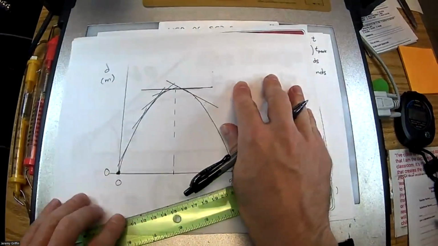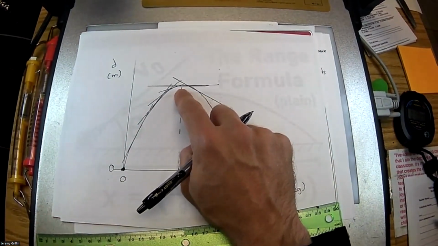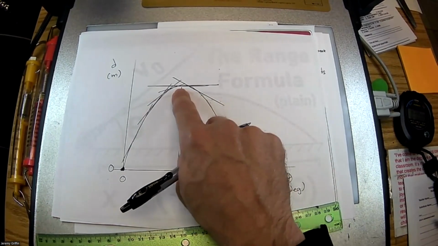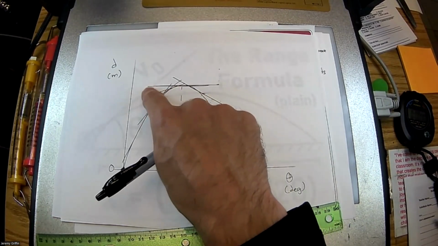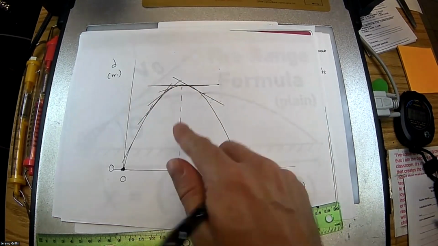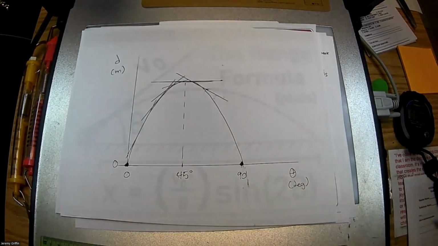So when you guys are in calculus solving optimization problems, because this is an optimization question, like what's the optimal angle for the furthest distance, that's how you solve it: you take the rate of change and set it equal to 0, or set the slope equal to 0, and then you can prove that in this case it's a 45-degree angle. I might do that with you guys someday, but I wanted to give you the big picture. All right, let's flip back over to Kahoot.